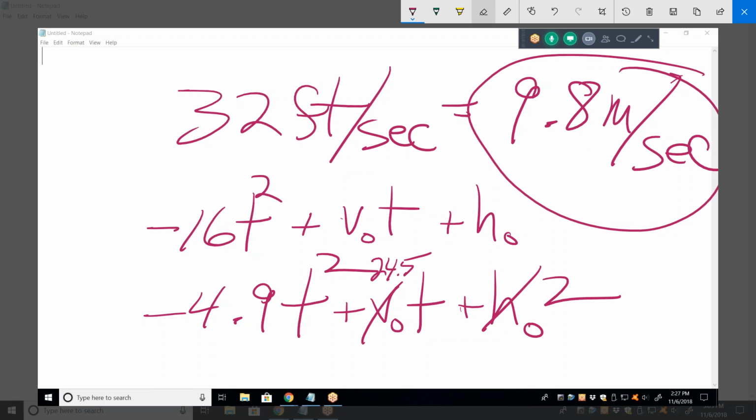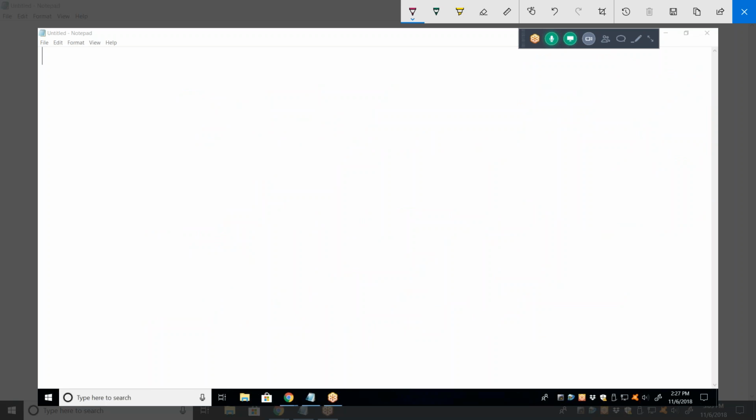Okay, all right. What else? Like I said, it really didn't matter whether you were throwing the ball straight up, straight down, or at an angle.